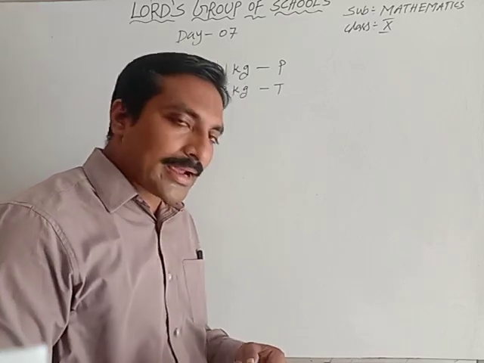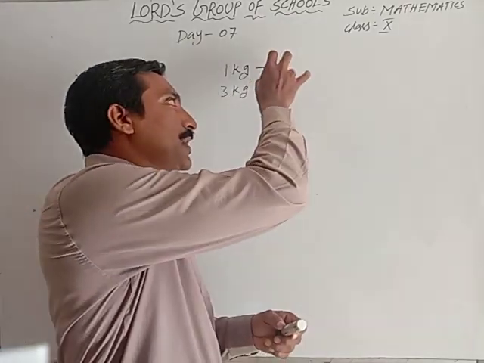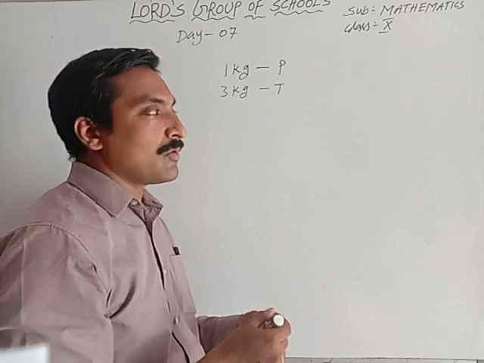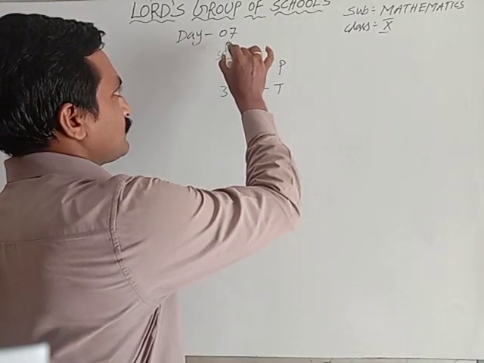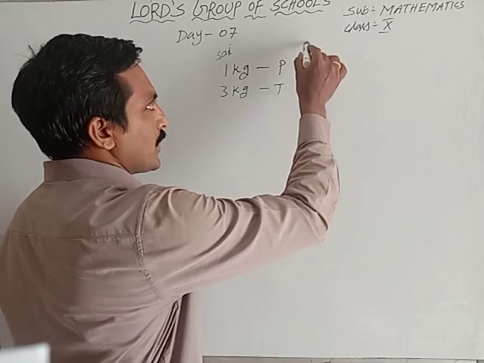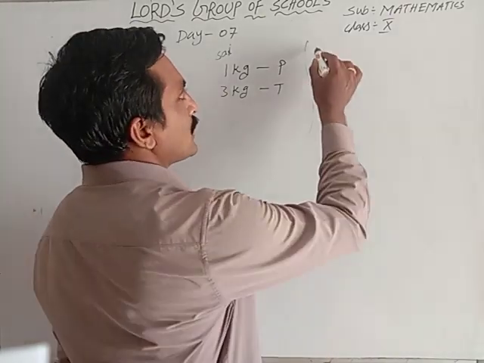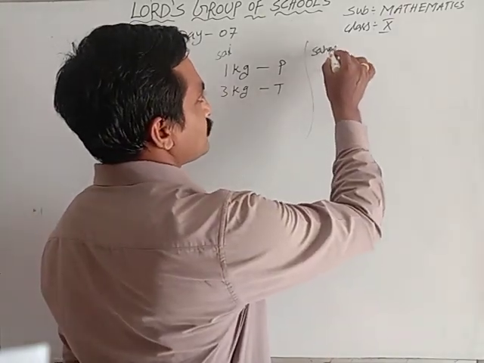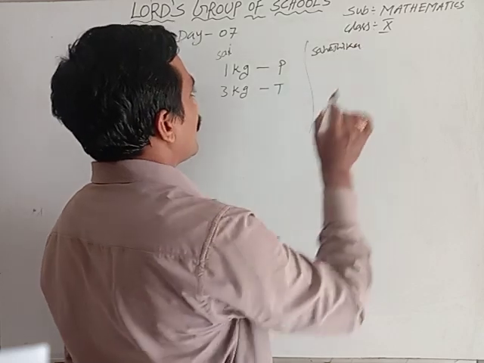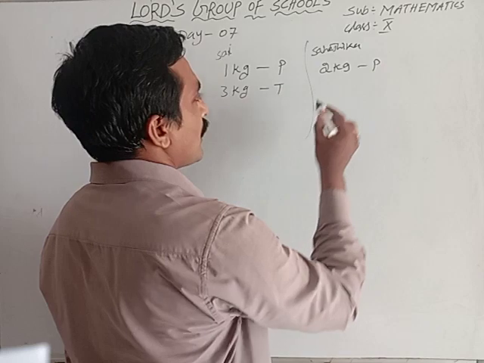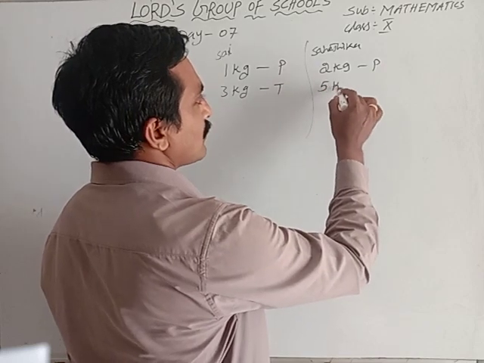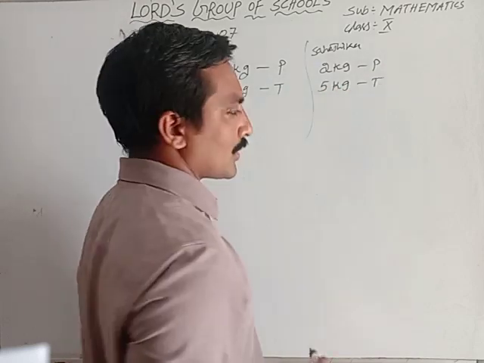He went to market, he purchased 1 kg potato and 3 kg tomato. One student's name is Sai. One more student went to market, Sahitika. She purchased 2 kgs potatoes and 5 kg tomato.